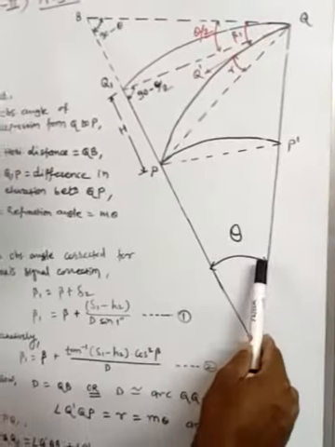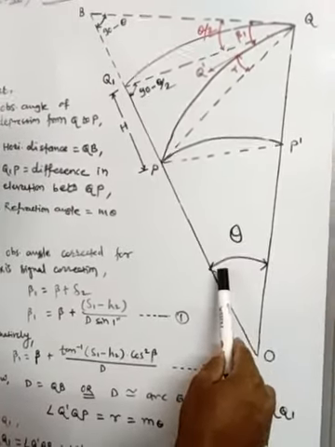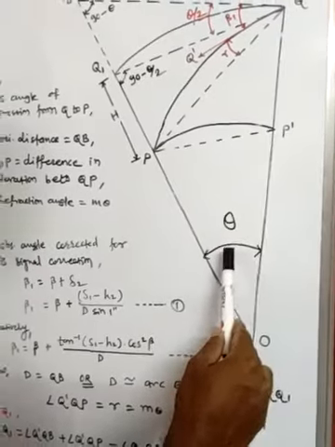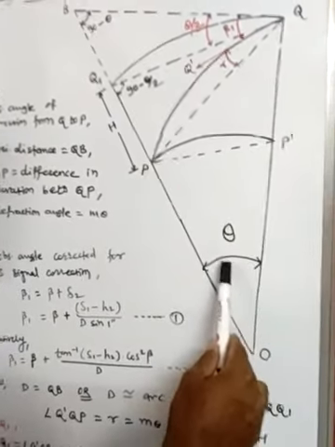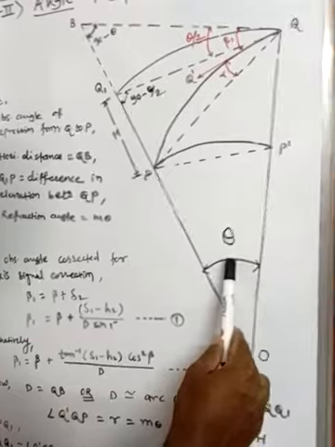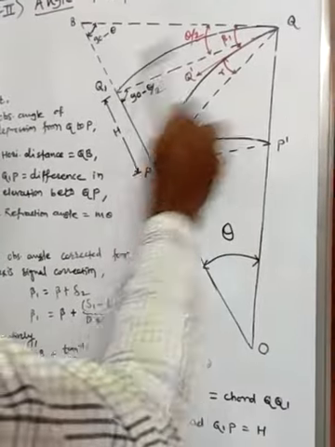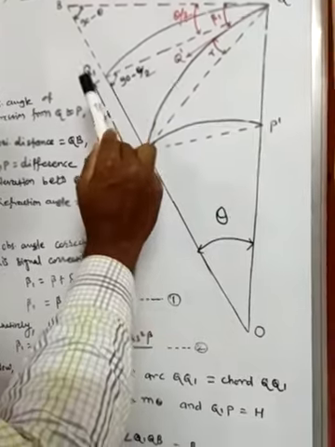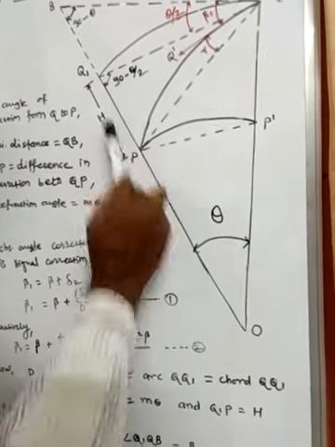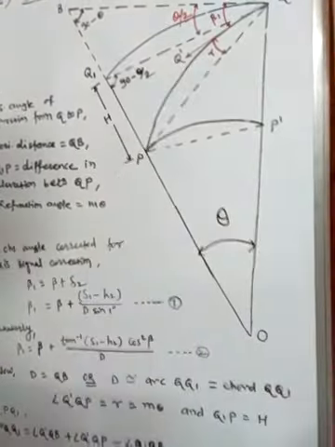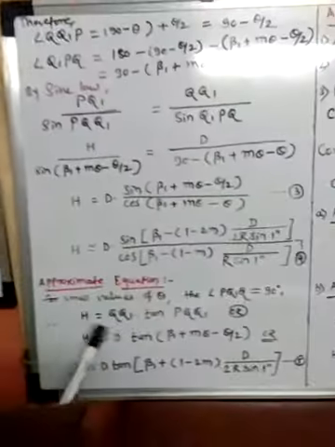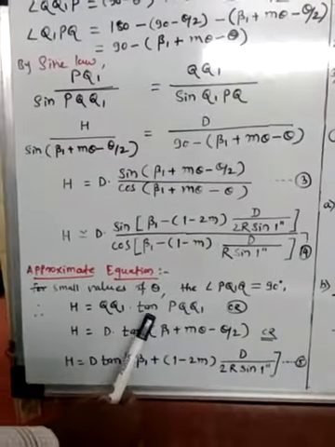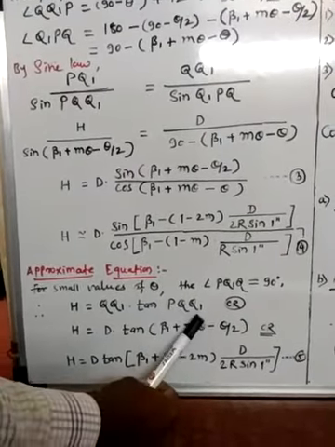So you consider this angle as small. When you consider it small, automatically the angle PQ1Q becomes exactly 90 degrees. If it is 90 degrees, then the equation changes to H equals QQ1 into tan of PQQ1.